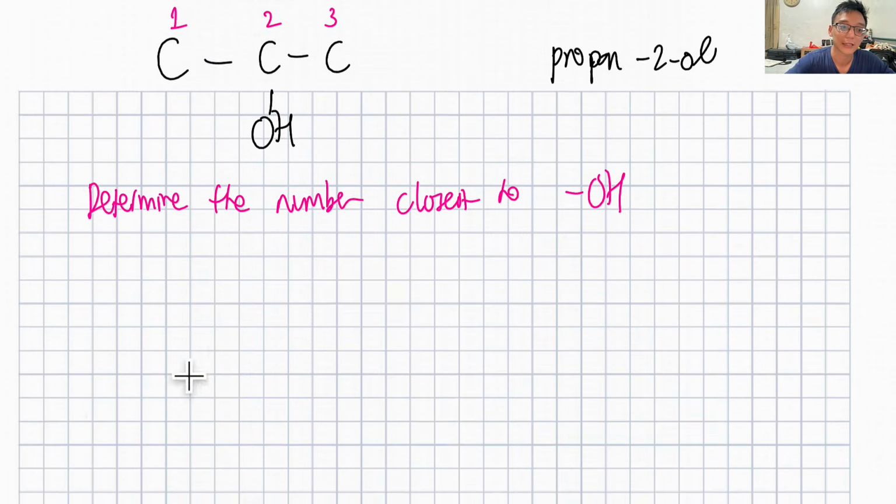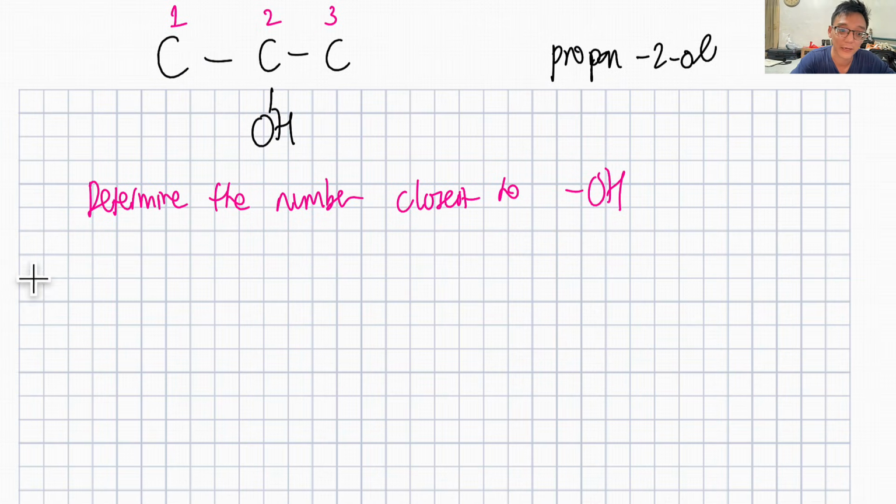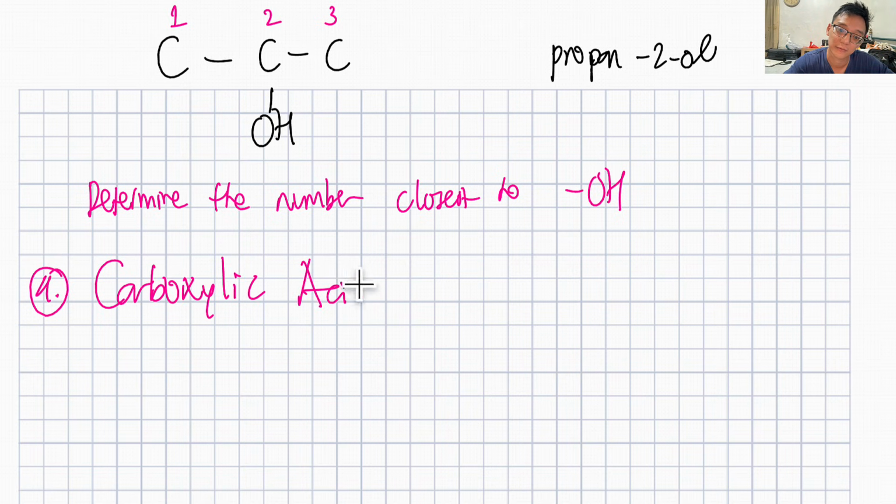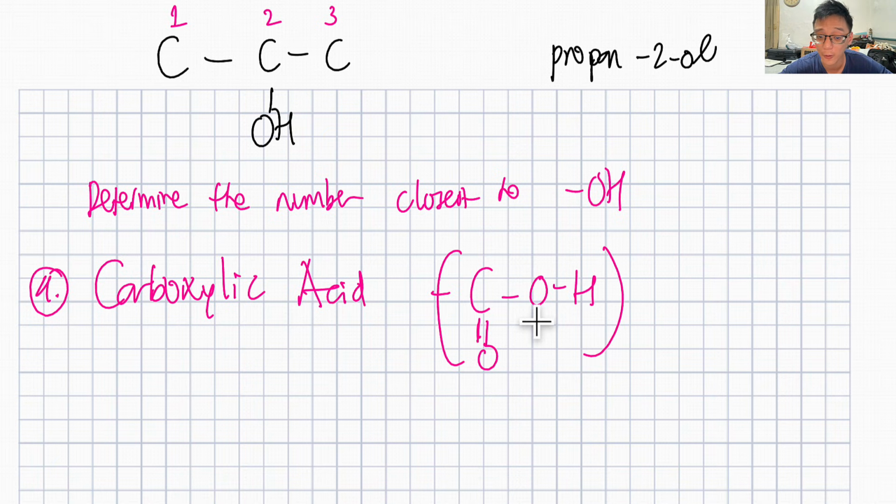So now, let's give a name for the final homologous series, which is carboxylic acid. The functional group for carboxylic acid is rather complex. So it's C, double bond O, and OH. If it contains something like this, it would be considered to be carboxylic acid.